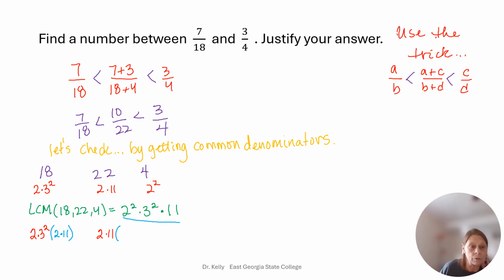Well, it looks like we need another 2. We don't have the 3 squared. Finally, what do we need to multiply this 2 squared, our 4, by to get our LCM? Well, we have the 2 squared, so we would have 3 squared times 11.